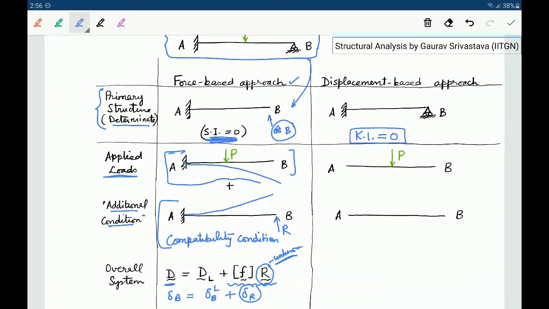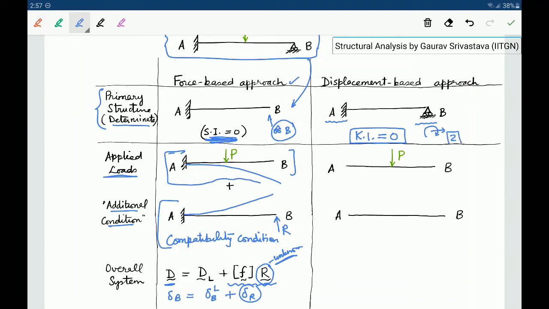Now here the support A is fixed, so there is no possibility of any deformation. Horizontal and vertical displacement and the rotation about the z axis are all restrained. Now at point B, the horizontal movement and the rotation are as of now allowed. So basically this structure has a kinematic indeterminacy of 2.